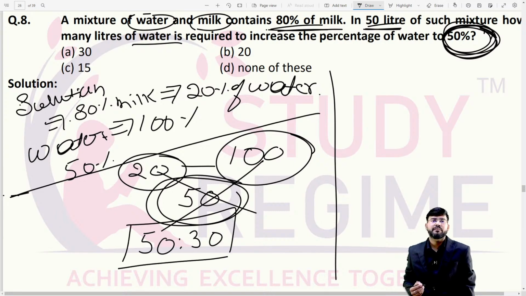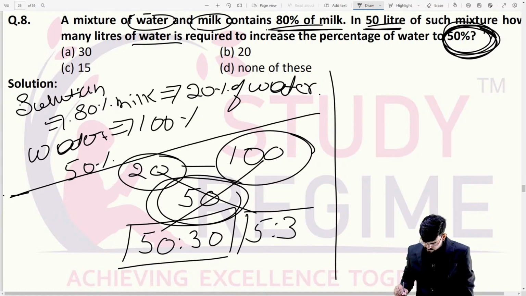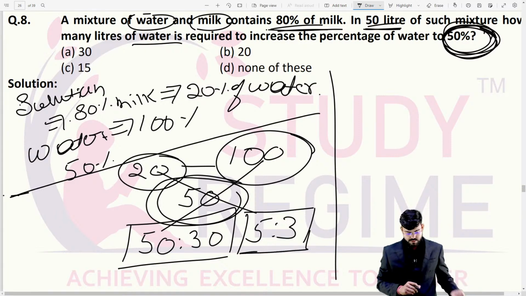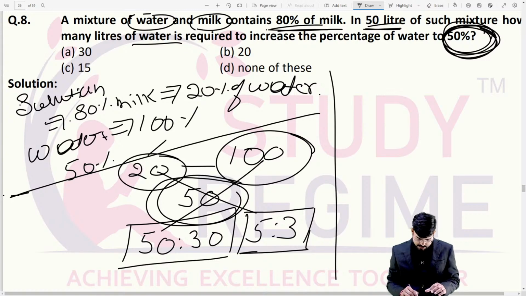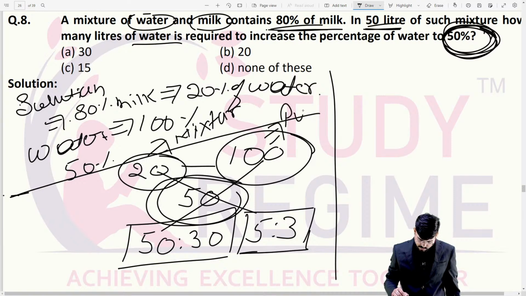On further simplifying you will get 5:3. This was the part of the mixture, and this was the part of pure water.